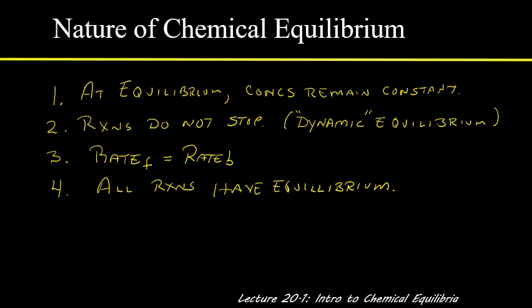Okay. But in principle, all reactions actually do have some manner of equilibrium taking place, because whenever you have a forward reaction, it's also possible that you can have a backward reaction. When we want to make this explicit, when we really want to focus on the equilibrium, we use a double arrow.